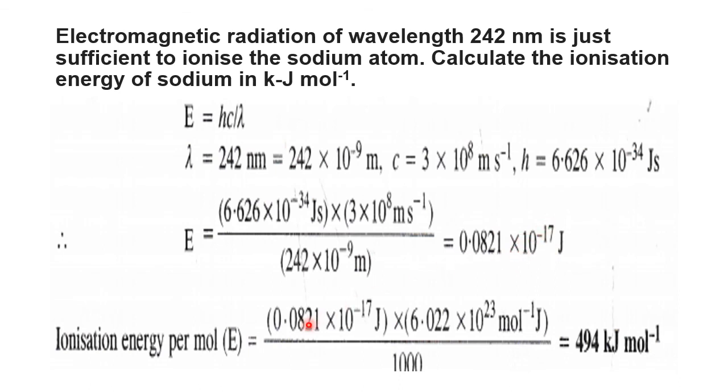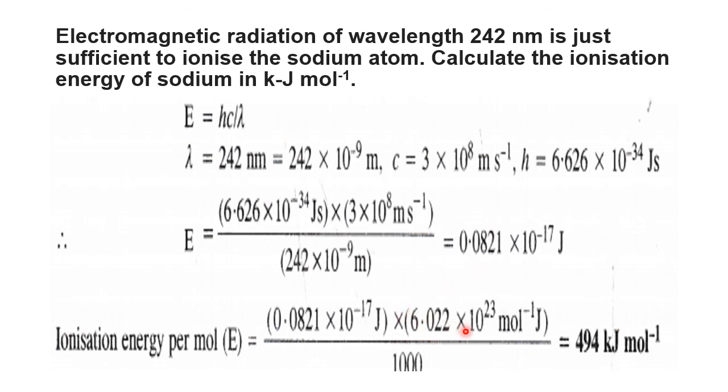So this I have taken here. Now we have made it into kilojoules by dividing by 1000. Now, per mole you have to calculate, no? So 1 mole equal to 6.022 into 10 to the power 23 electrons.